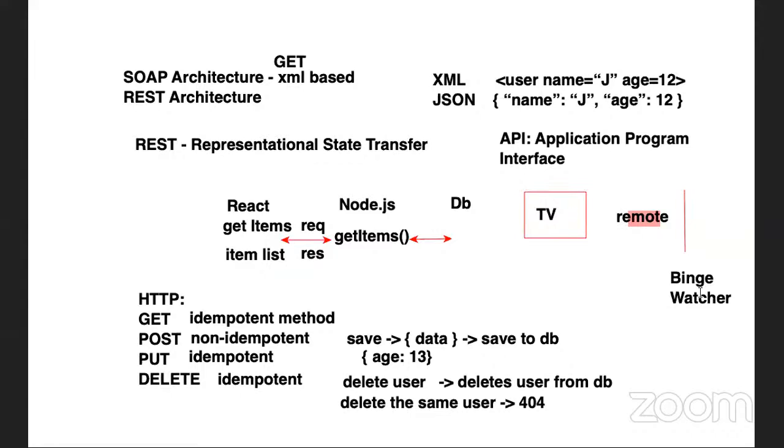And the interface between you and me is Zoom, correct? So there is an interaction. So I am the application, you are the program, and Zoom is the interface. So similarly, in web-based architecture, when we create our backend, we call them as APIs, Application Program Interface.